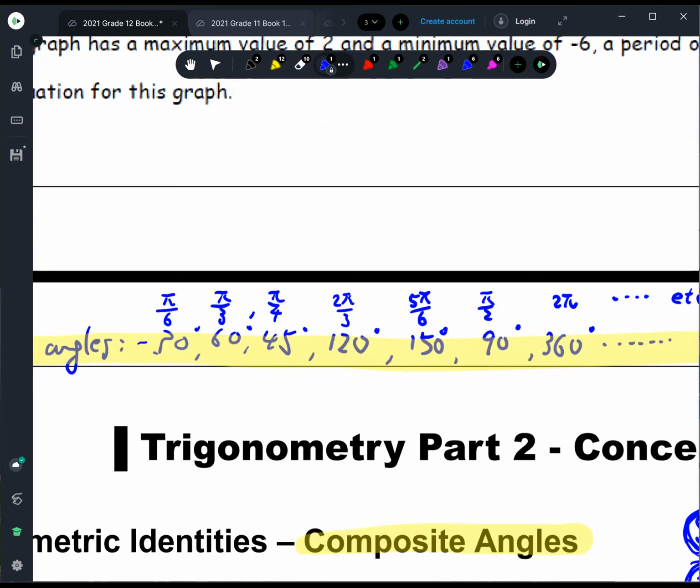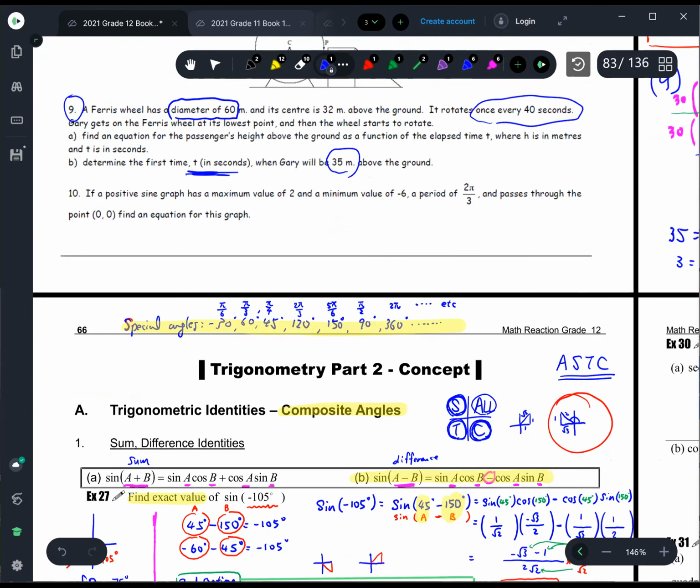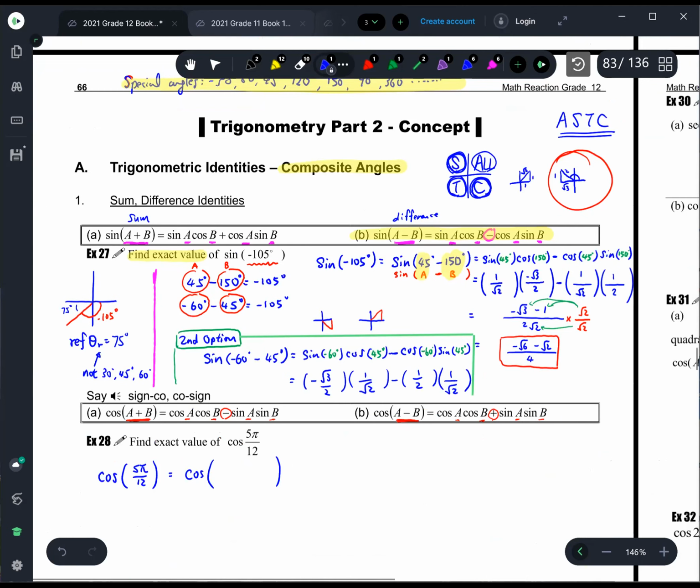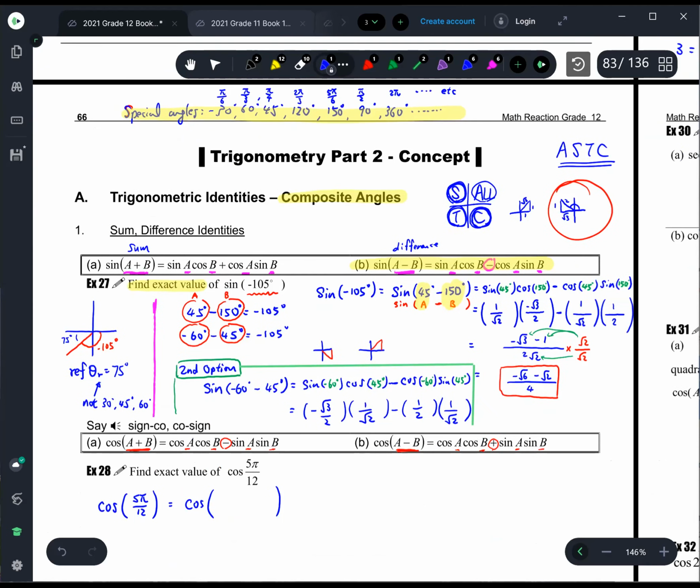Either you use add or subtract to make it. So I'll let you try that. Play around with the numbers, try to add them up, and see if you can get 5 pi over 12, or subtract them to get 5 pi over 12.